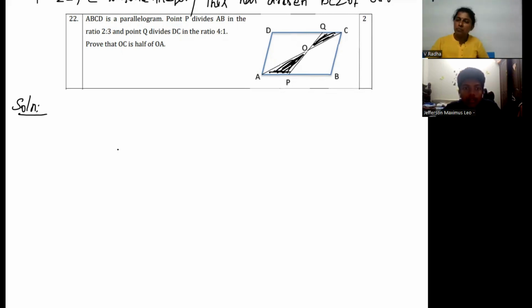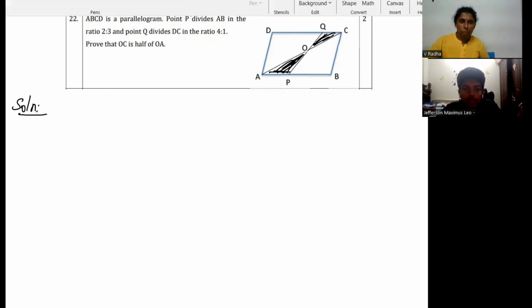Try பண்றீங்களா? I'm thinking. Ma'am, actually we take AB side. Is this coordinate geometry question? Triangle level, similarity level. Okay, ma'am.